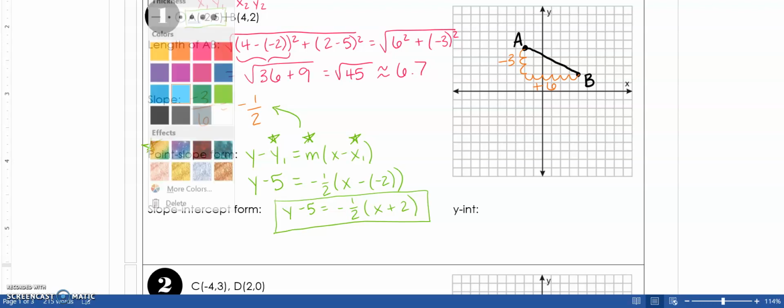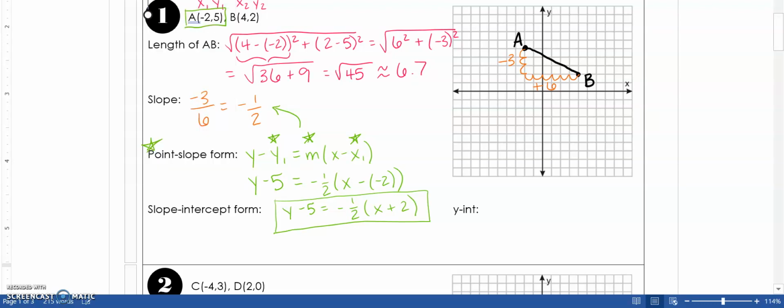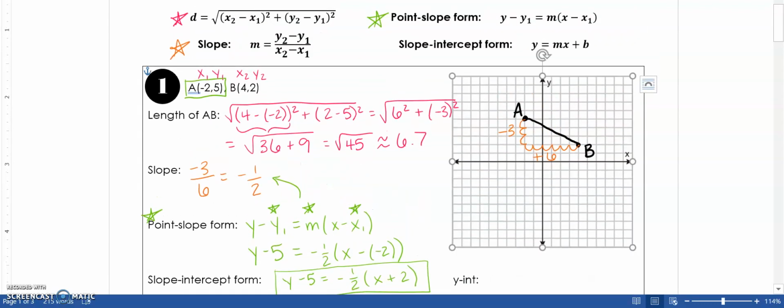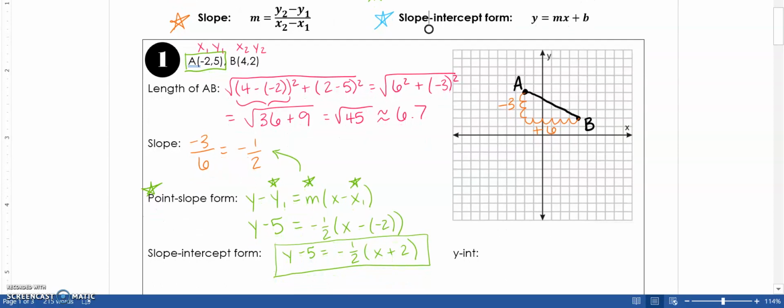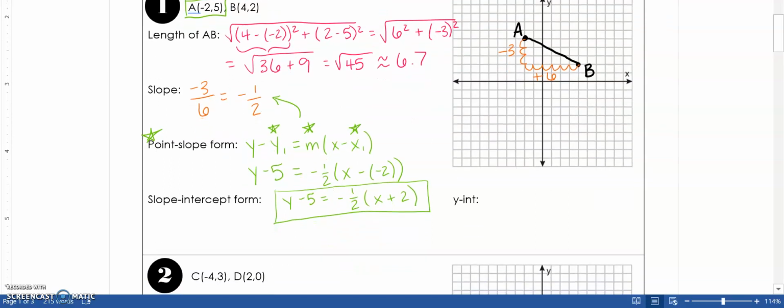And then for our very last part, we want to find the slope intercept form. So that means we're going to be using this equation right here. In order to do that, we can do 2 things. We can figure out what the y-intercept is and then do that, or we can work from our point slope form and get it into slope intercept form.